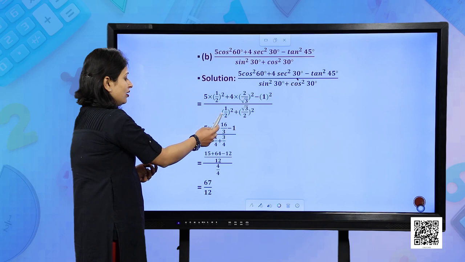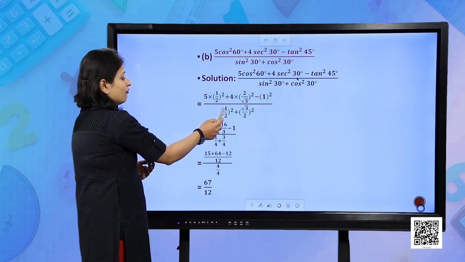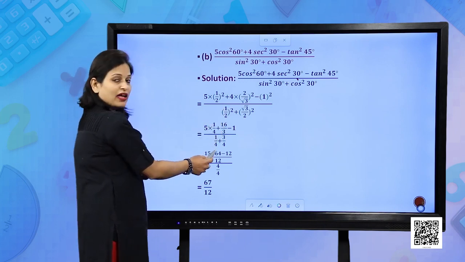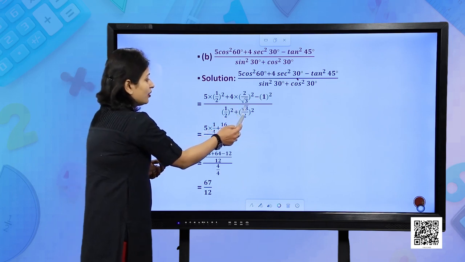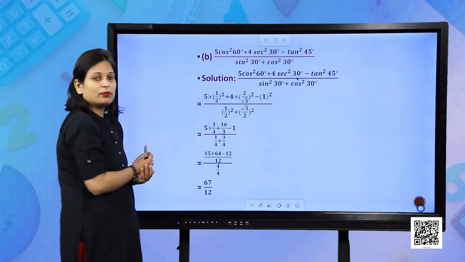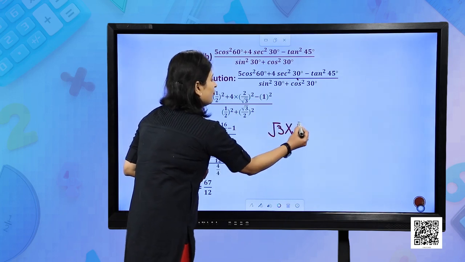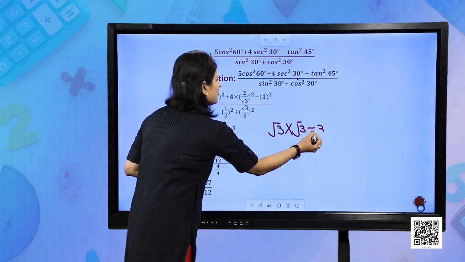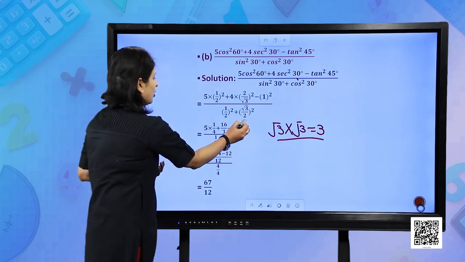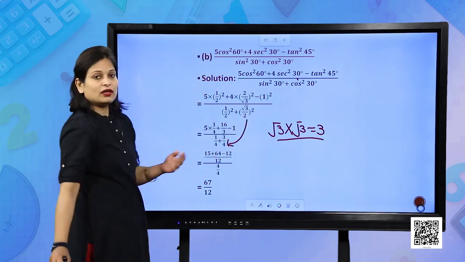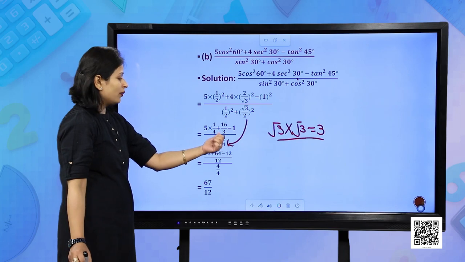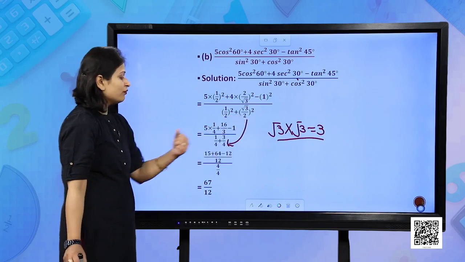In the denominator, what will you get? 1 by 2 whole square is 1 by 4. Root 3 by 2 whole square is 3 by 4 because root 3 into root 3 will give you 3 and 2 into 2 you will get 4.